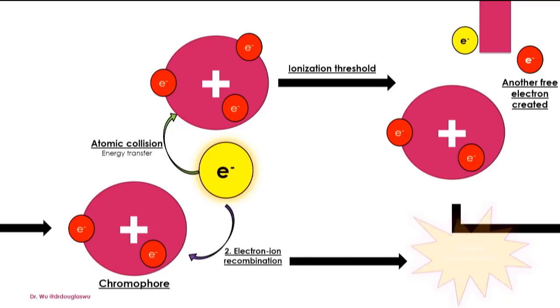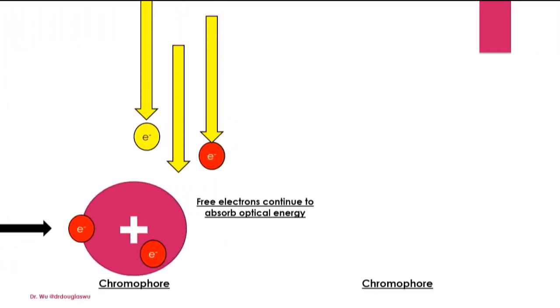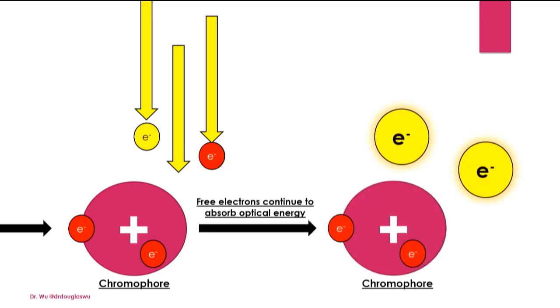They can also recombine with the original ion, and in so doing, they decelerate in space and release a broadband photon, essentially, that is visible light. These electrons continue to absorb energy, because this happens instantaneously, but for this cartoon, it happens very slowly. And now we get two electrons, and that process repeats. It's a cascade ionization, essentially.